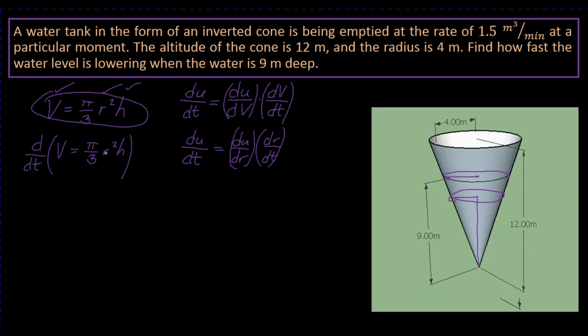Now let's clear the screen and apply the derivative. Actually, if we do that, taking the derivative of the function with respect to 3 variables, we will have a problem, because the only thing given here is dv over dt. If we get dr over dt and then also dh over dt, we will have 2 unknowns.